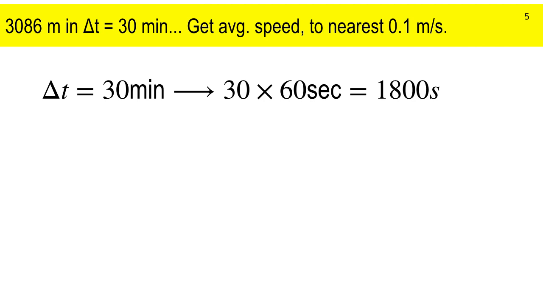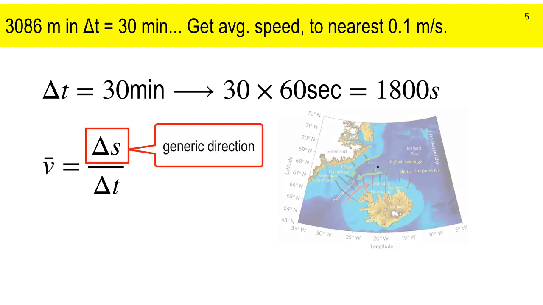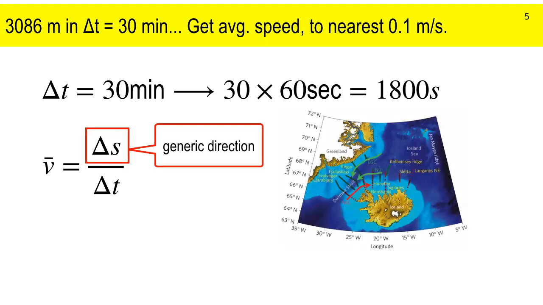That's the delta T. And then the delta S, the distance, is already given, 3,086. I use the letter S if I'm just giving you some generic spatial axis, not necessarily X, not necessarily Y, not necessarily the Z axis, but the North Icelandic Jet axis. So we'll just call it S.